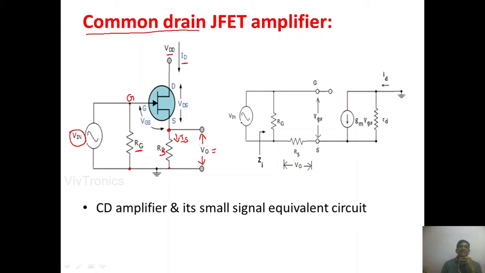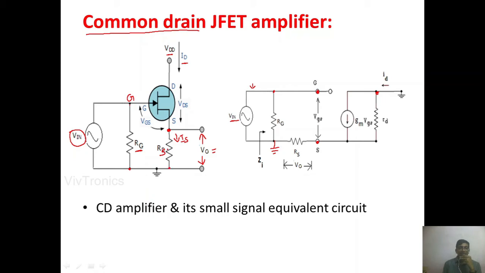To draw the AC equivalent circuit, first we start with the common terminal. In the AC equivalent circuit, this is the source point, the gate is at the input point and the drain is at the output point. VIN is replaced as it is, and the gate resistance RG is connected between the gate and ground.